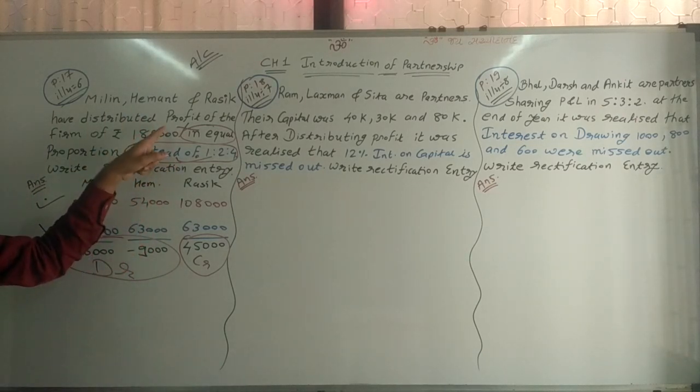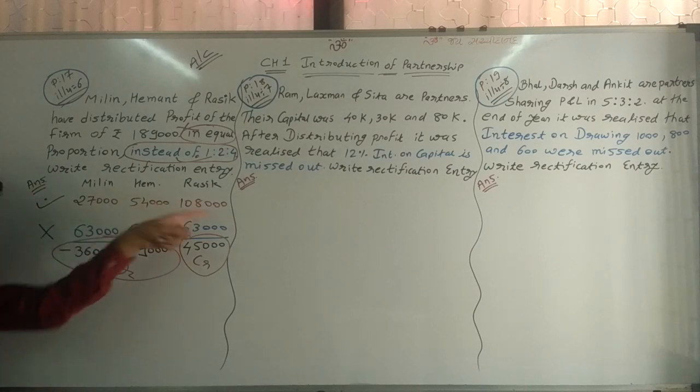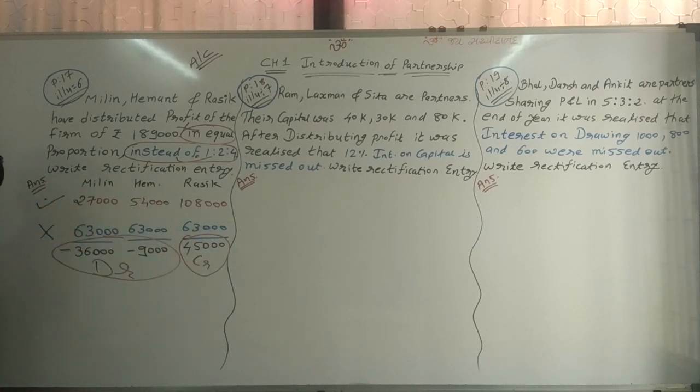There must be the profit. And the calculation, first correct calculation, second wrong calculation. If there is profit, first we have distributed in correct ratio, then in wrong ratio, and we are finding the difference, then minus debit, plus credit.